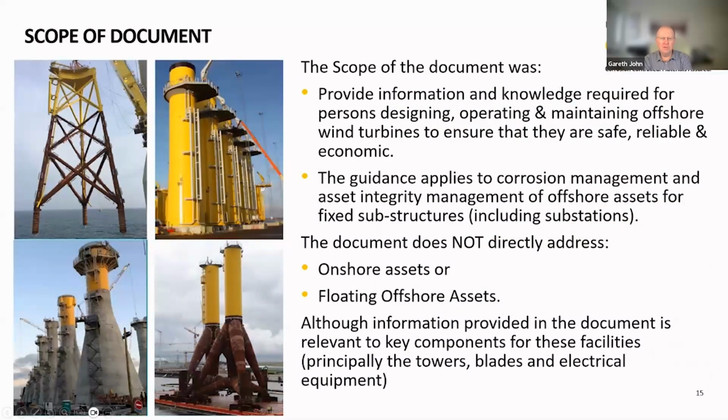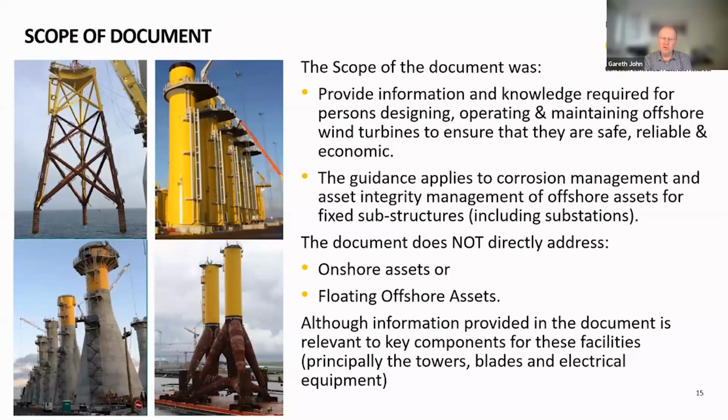Now, fixed offshore wind covers a number of different structures, from monopiles to concrete structures to towers. But the scope of the document was to provide information and knowledge for the design and operation to ensure they are safe, reliable, and economic. It covers both corrosion management and asset integrity management of offshore assets for fixed structures.